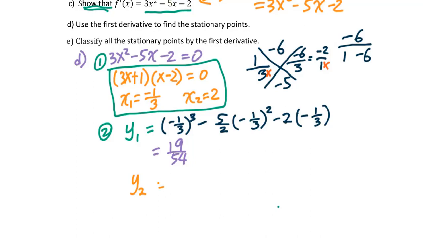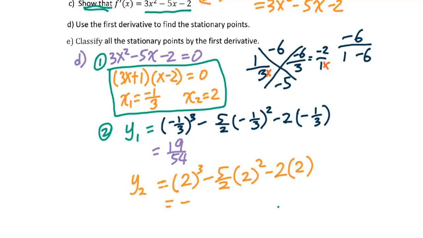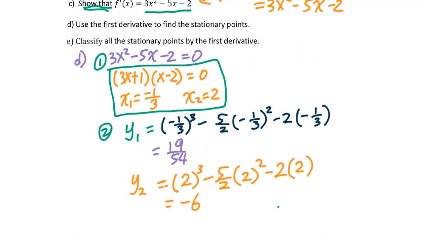We plug into the original function. You will get 2 to the third power minus 5 over 2 times 2 squared minus 2 times 2. You will get -6. Therefore, for D, the stationary points are -1 over 3, 19 over 54, and 2, -6. These two points are stationary points.